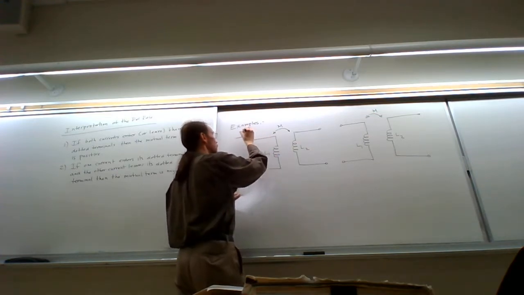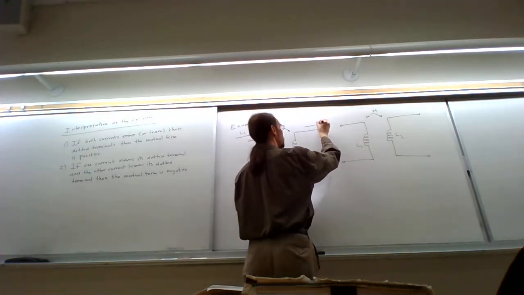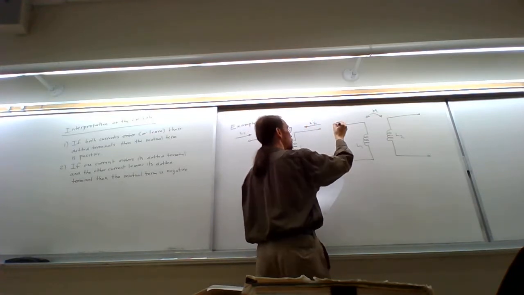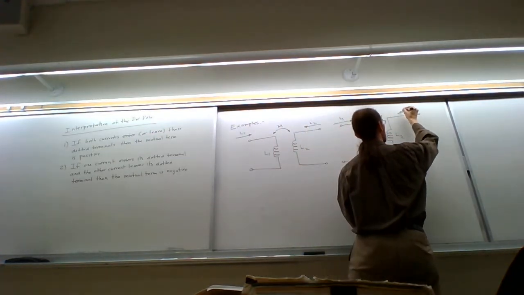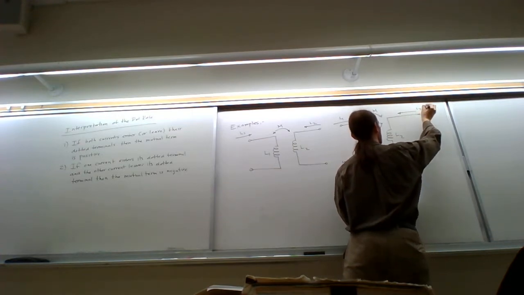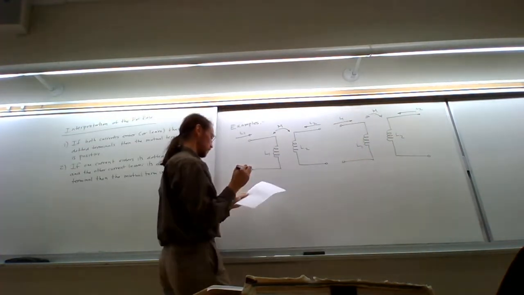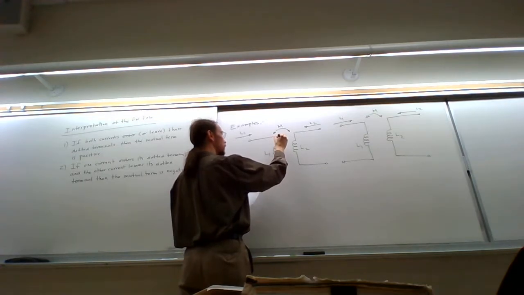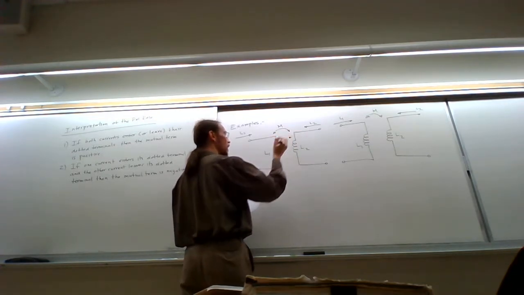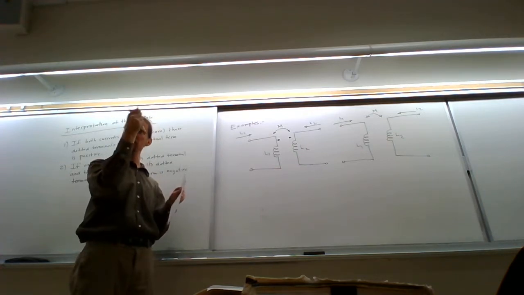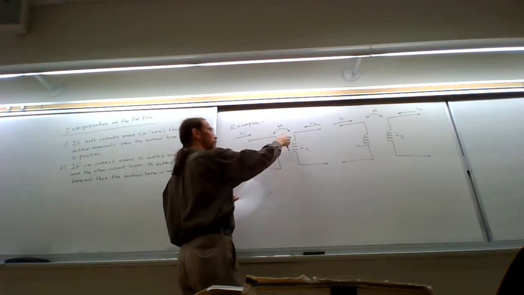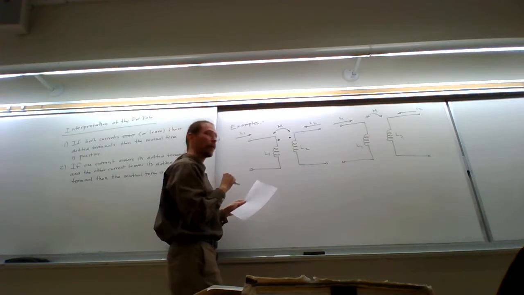I'm going to feed in a current I1 into there, a current I2 into there, current I1 into there, current I2 into there. And lastly, over here, I have my dots. So the dots represent how these coils are literally physically wound. Over here, both of the dots are actually on the top.